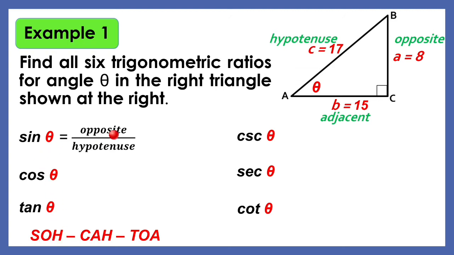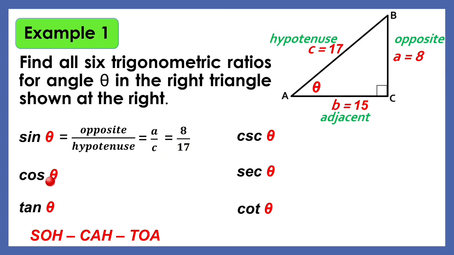Okay, so ang opposite side is A, ang hypotenuse is C. Kaya ang ating ratio is A is to C or A over C. Ano ang value ng ating A? 8. Ano naman ang value ng ating C? That is 17. Therefore, the ratio is 8 is to 17 or 8 over 17.